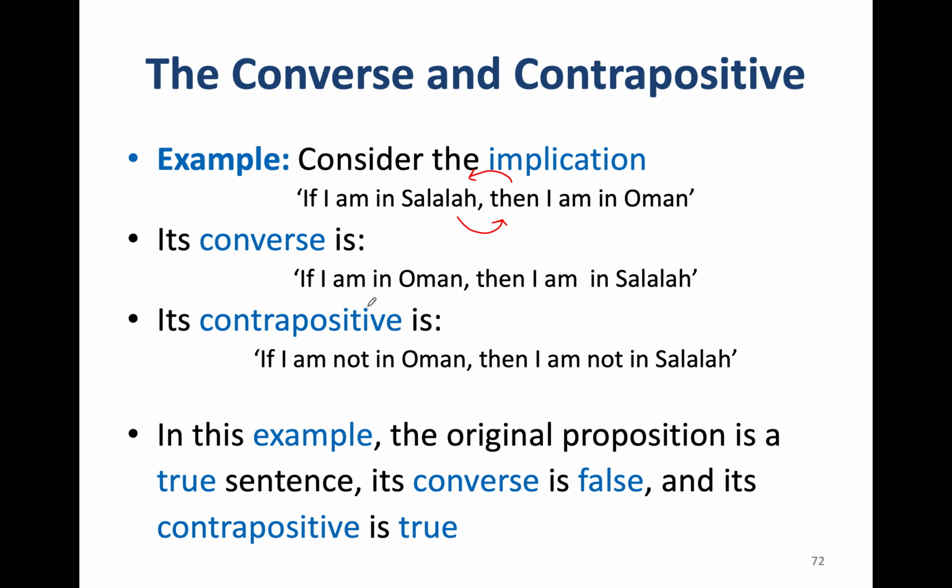Now the contrapositive is the converse, but with the negation of the propositions. So: if I am not in Oman, then I am not in Salalah. So in this example, the original proposition is true, its converse is false, and its contrapositive is true.